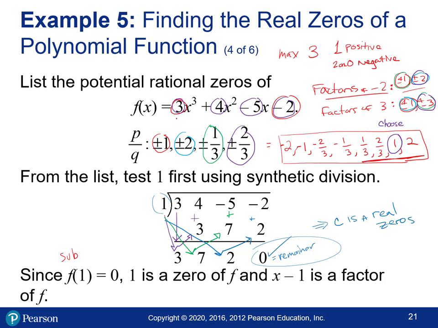Plug that number right into your function in for all the x's here. And if the answer is 0, then you know 2 things. You know that that number, 1 in this case, is a 0, and that x minus that number is a factor. So that means that our function has a factor so far of x minus 1 and then some other things.